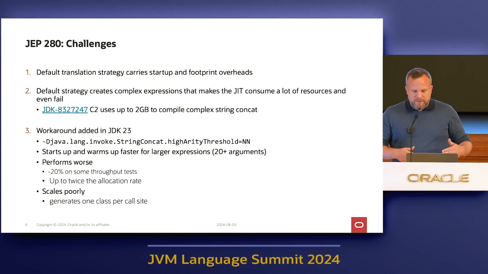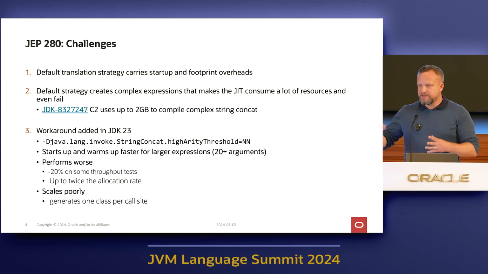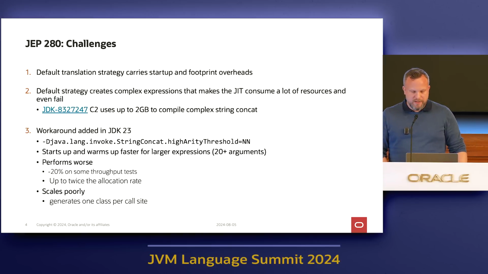And on the far end of the scale, the default strategy creates complex expressions that turned out to be a little bit of a mouthful for the JIT to consume at the upper end of the scale, when you go into expressions with 40, 60, 80 arguments. The expression tree that builds up becomes a mouthful for the JIT.